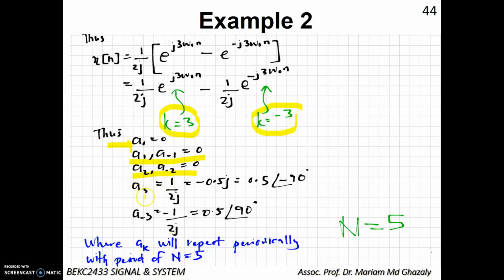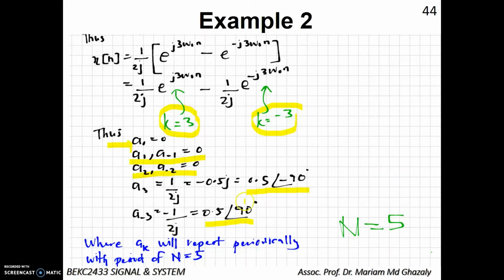So you write out a3 is equivalent to 1 over 2j, and then change it to a complex number. You will find that you have minus 0.5j, so you get magnitude 0.5 with a phase of minus 90 degrees. That is for a3, and for a minus 3 you will get the value 0.5 with phase 90 degrees.